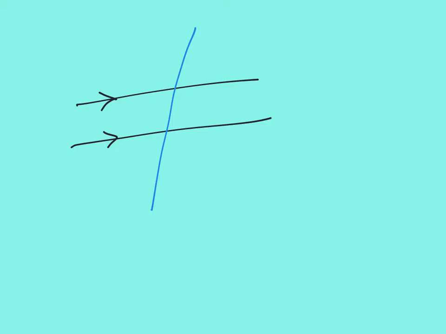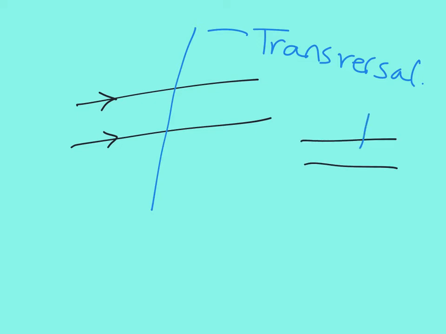Next, we're going to come back to our parallel lines, and there's a special line that cuts through them, and this is called a transversal. Now, it can cut through just one as long as it meets the other. That's not very good, but it can cut through in that direction.